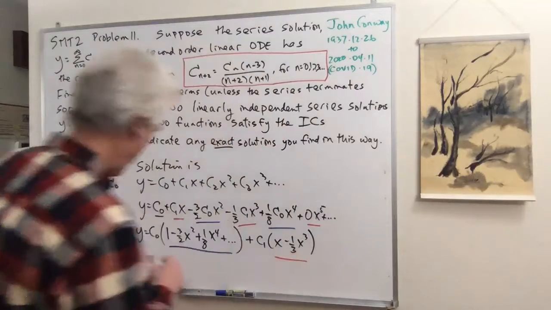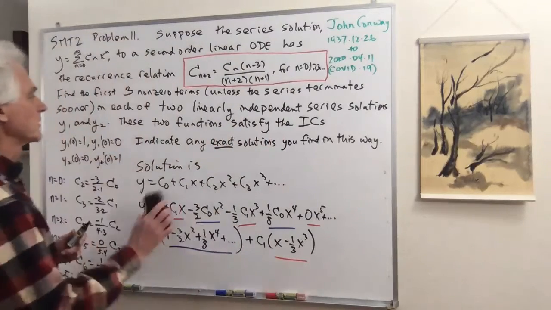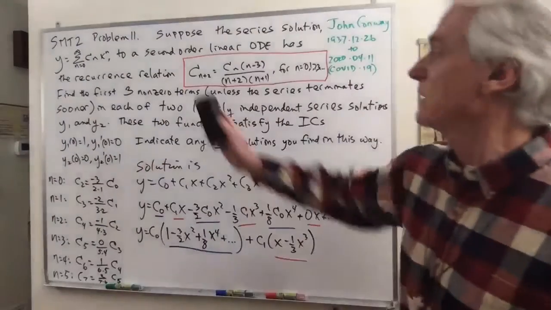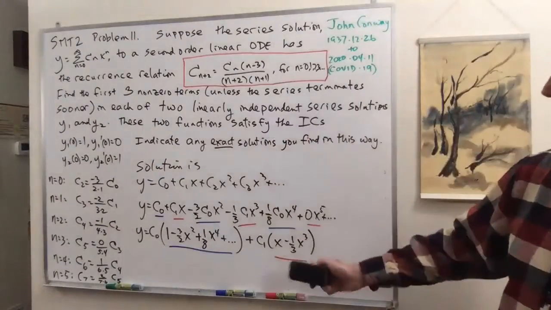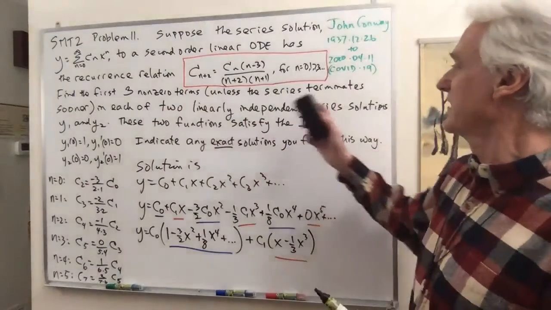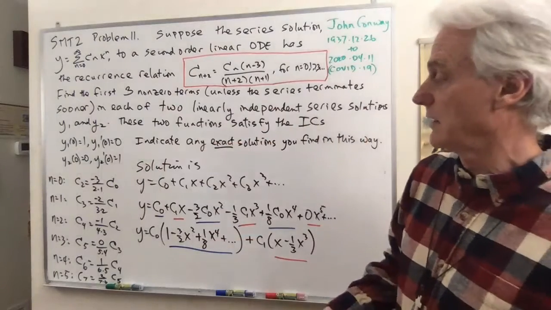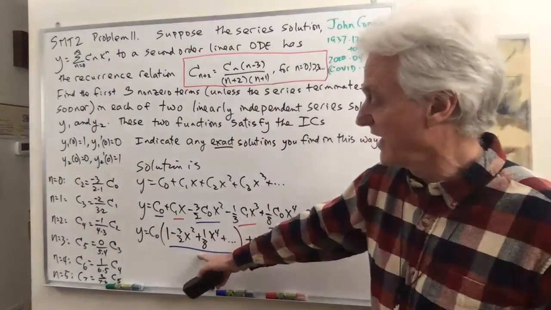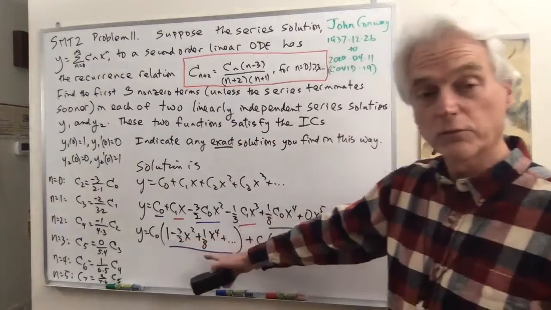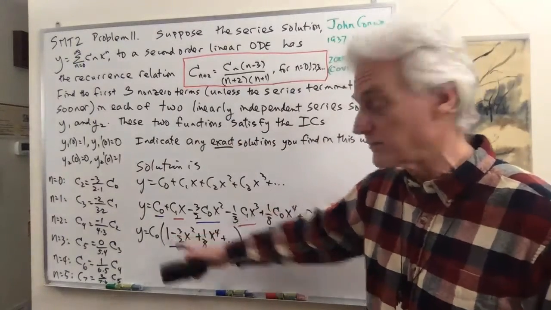All right. So now we can find, that's the question again. Find the first three non-zero terms unless the series terminates sooner, in each of two linearly independent series solutions, y1 and y2. And y1 is this guy because it satisfies that y1 of 0 is 1, y1 prime of 0 is 0. There's no x term. In other words, it's plus 0 times x.